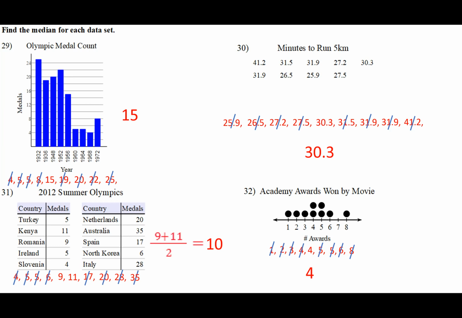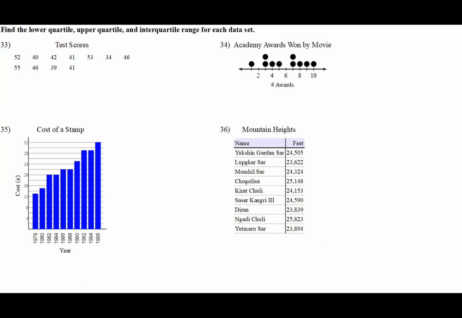Now let's take a look at our quartiles. Here the instruction says find the lower quartile, upper quartile, and the interquartile range for each data set. What I'm going to do, let me list my numbers from small to large. So number 33, I'm talking about some test scores. Seems like the smallest number that I see is 34.